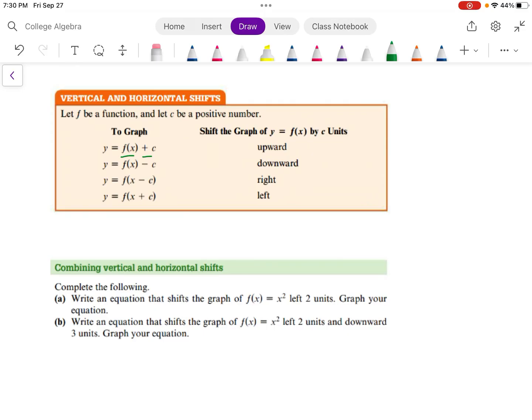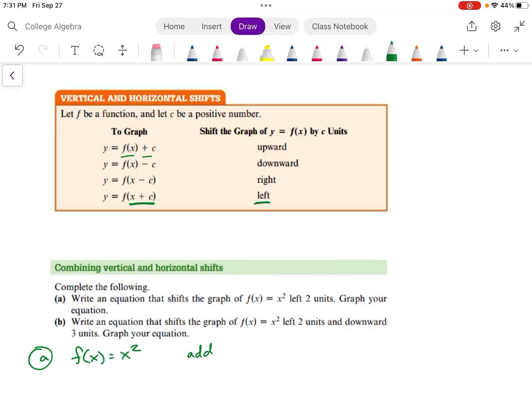So looking at part A here, it says write an equation that shifts the graph f of x, which happens to be x squared, 2 units to the left. Well, 2 units to the left, according to the chart up above, I have to add a number on the inside. So we're starting off with f of x is equal to x squared.